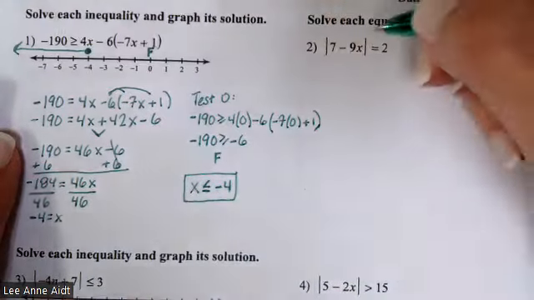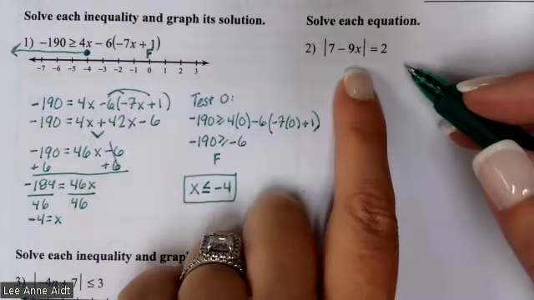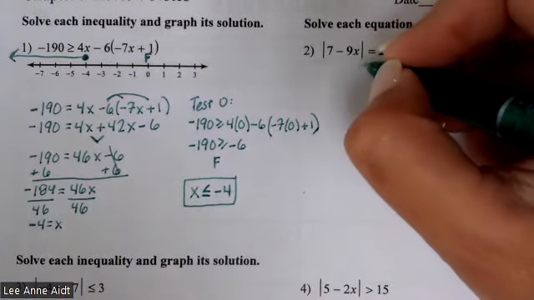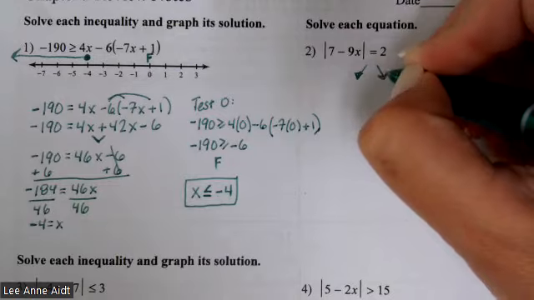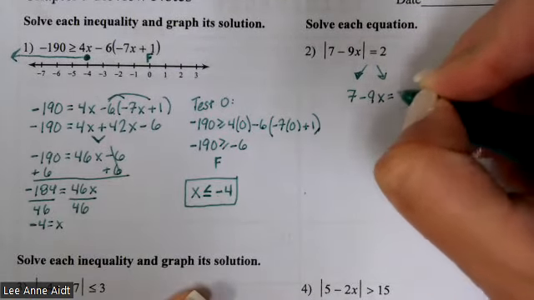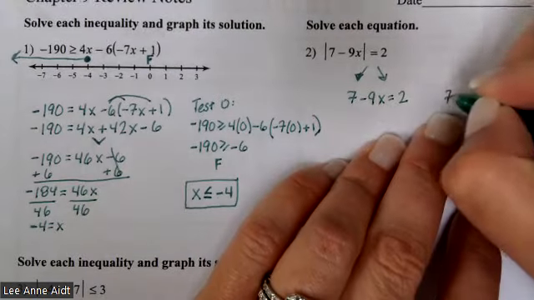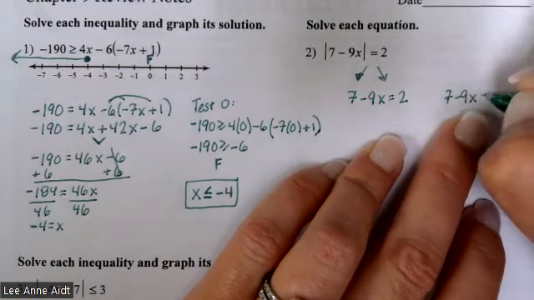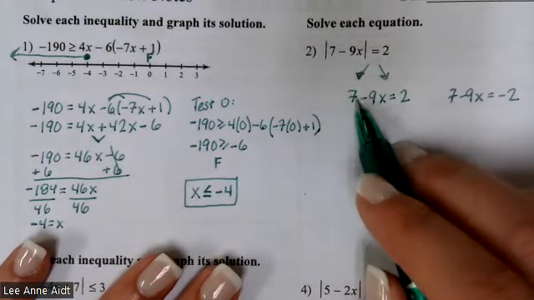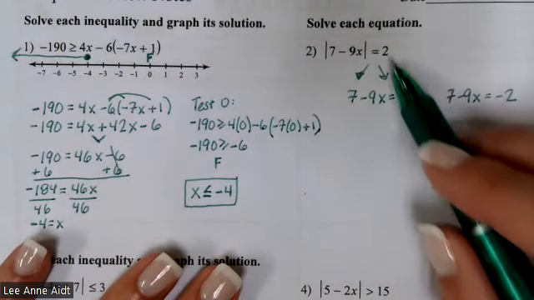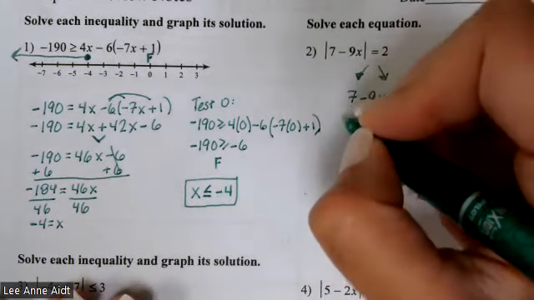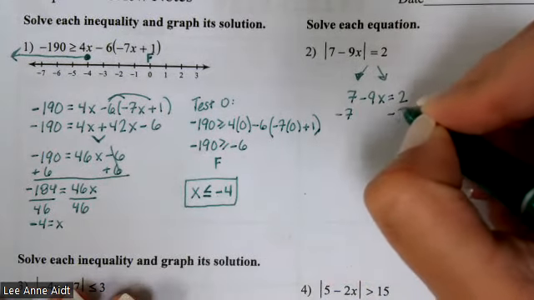Now, this is an absolute value equation. With an absolute value equation, you split it into two pieces. So you have 7 minus 9x equals a regular 2, and 7 minus 9x equals negative 2. Notice I kept the thing in the absolute value the same both times, but I changed the sign of the 2. Minus 7.